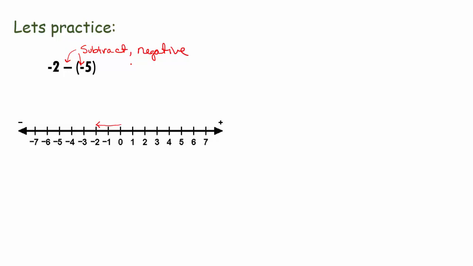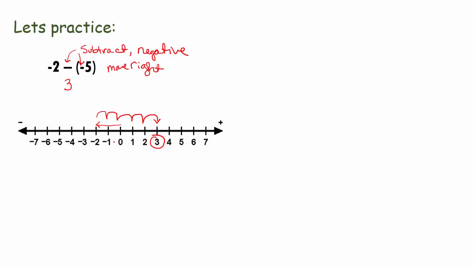So if you subtract a negative, you have to move to the right on a number line. So we're going to subtract a negative 5. From this negative 2, we have to move to the right 5. 1, 2, 3, 4, 5. We actually end up at a positive 3.